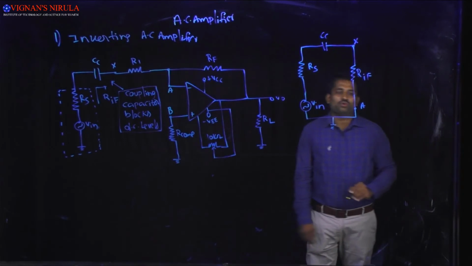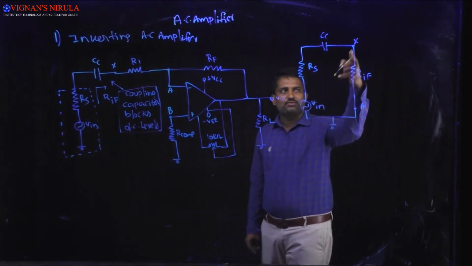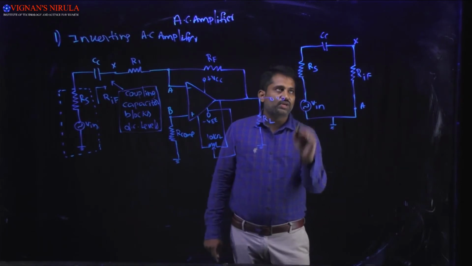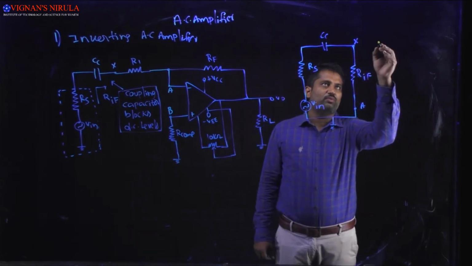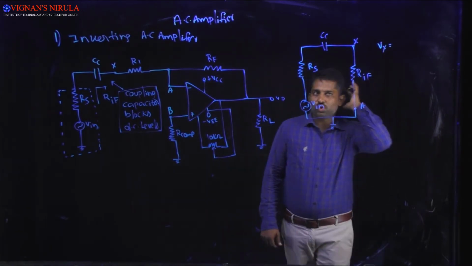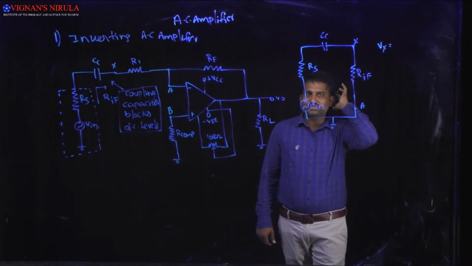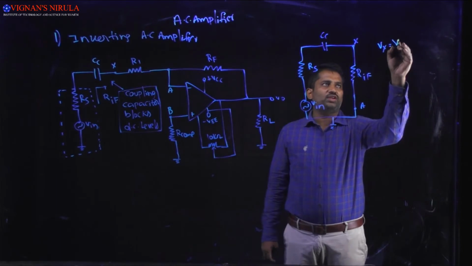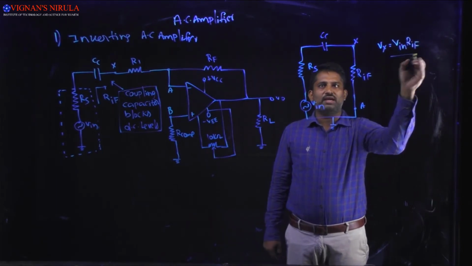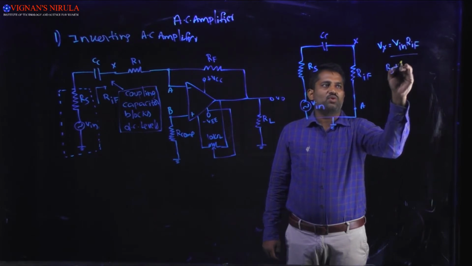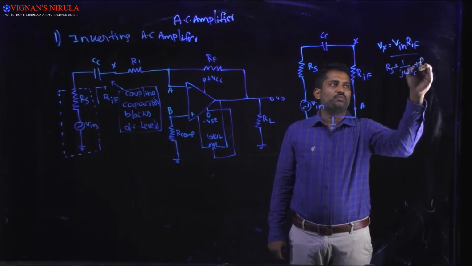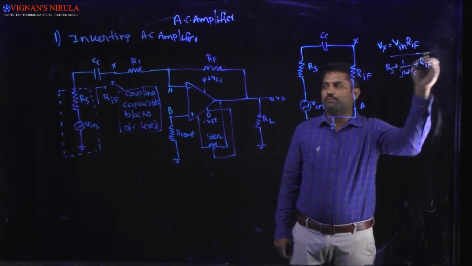Okay, now I am going to calculate Vx. We can easily calculate the Vx value by using this circuit, using the voltage divider rule. Vx is equal to Vin into RIF divided by RS plus 1 by j omega Cc plus input resistance with feedback.